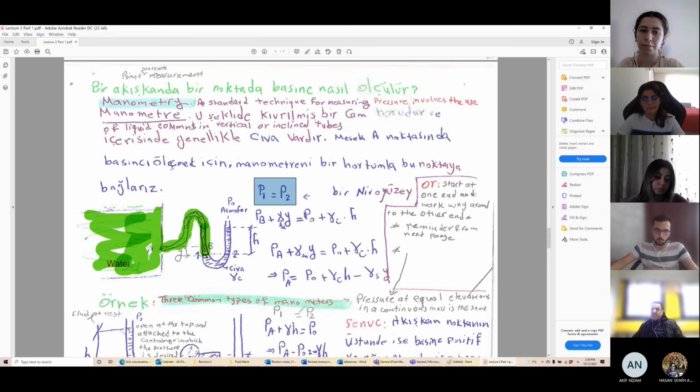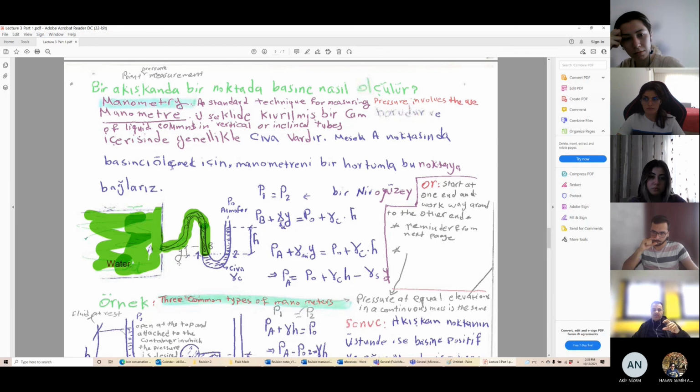So now I can find pressure at point 1. How can I find it? I know that point 1 is below the A. How much?